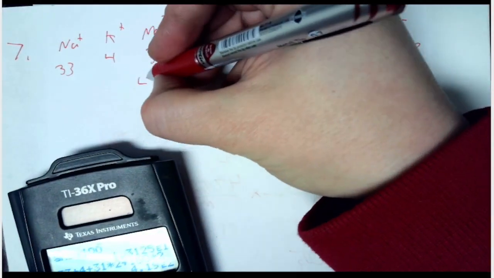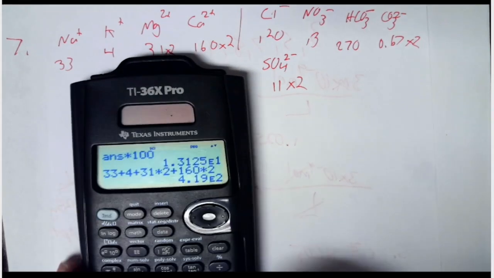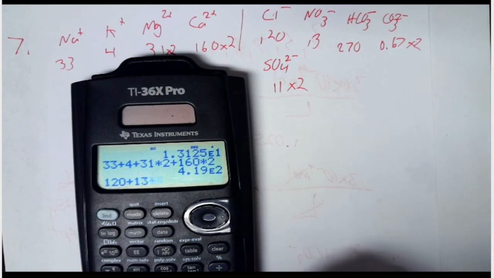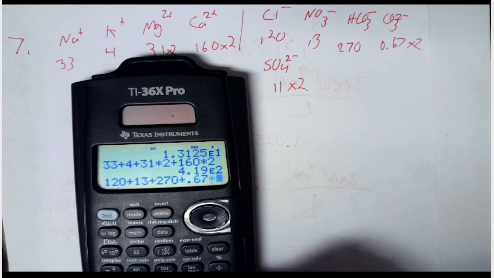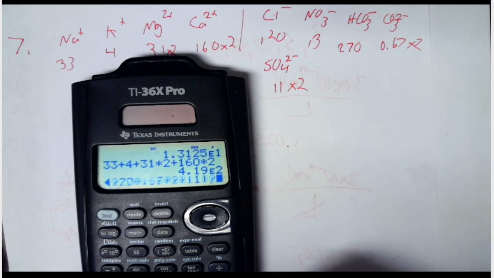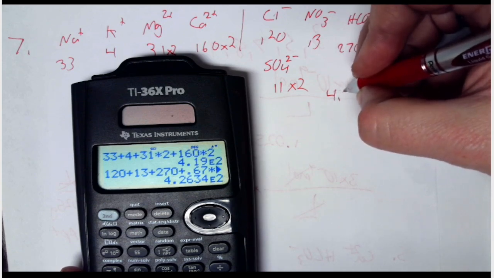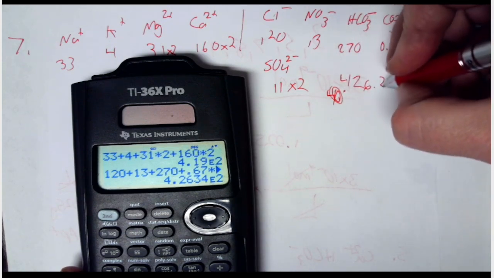And that gets 419. My chloride is 120 plus 13. My hydrogen carbonate is 270. My carbonate is 0.67 times 2. And my sulfate is 11 times 2. So that's 426. Well, let's say 34.